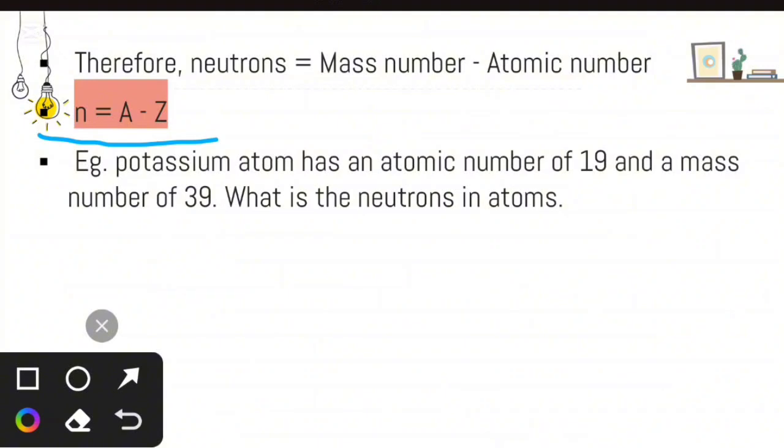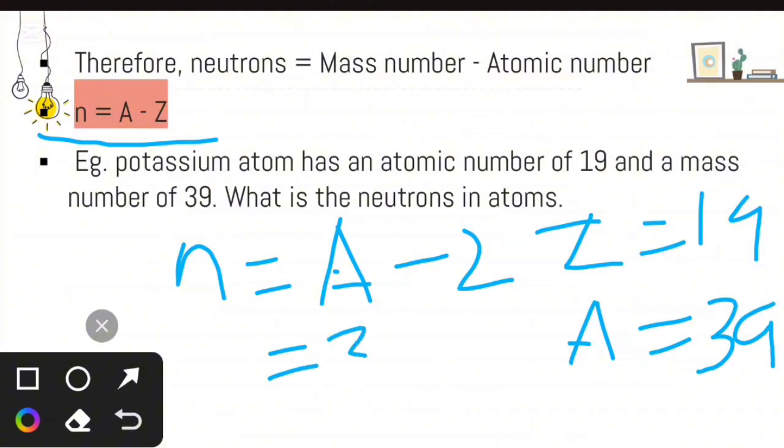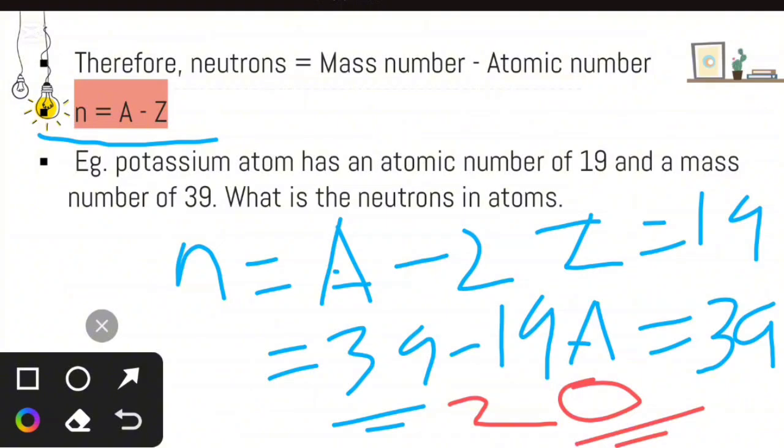For example, a potassium atom has an atomic number of 19 and a mass number of 39. What are the neutrons in the atom?